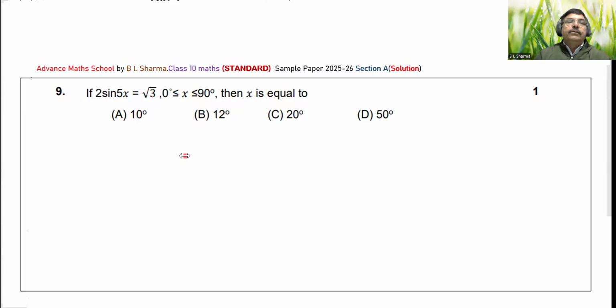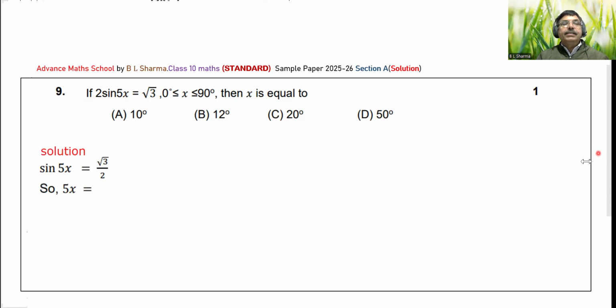2 sin 5x is equal to √3, where x is an acute angle, then what is the value of x? See, sin 5x, we can write √3/2. And in sine, √3/2 is equal to sin 60.